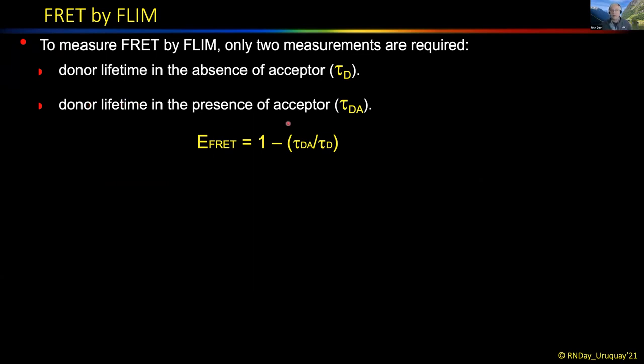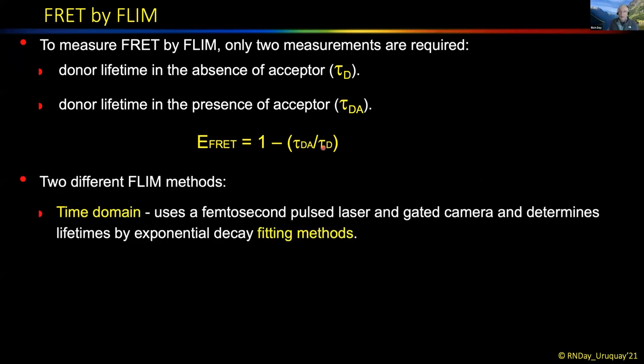FRET efficiency is simply the ratio of the lifetime of the donor in the presence of the acceptor divided by the lifetime of the donor. And again, as you all know, there are two different methods of measuring FLIM. There are time domain measurements that use a femtosecond pulse laser and a gated camera to determine lifetimes by their exponential decay using fitting methods.